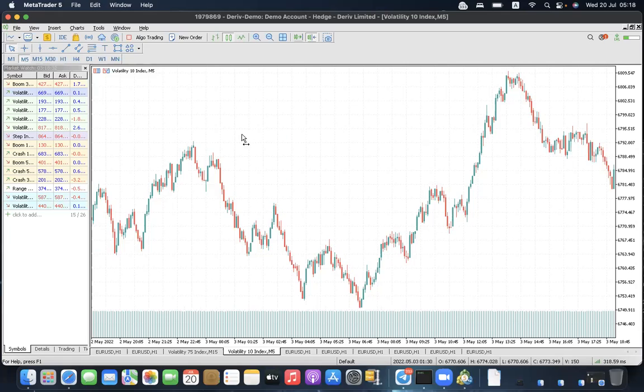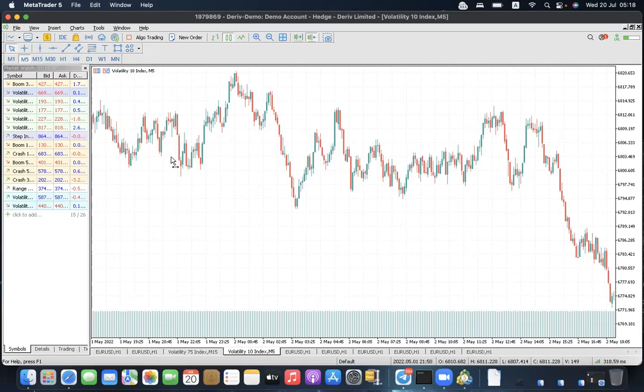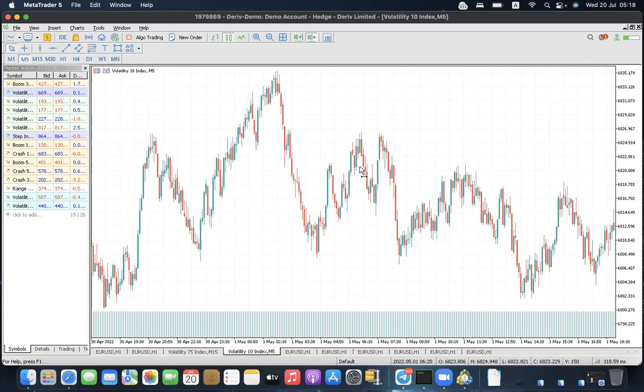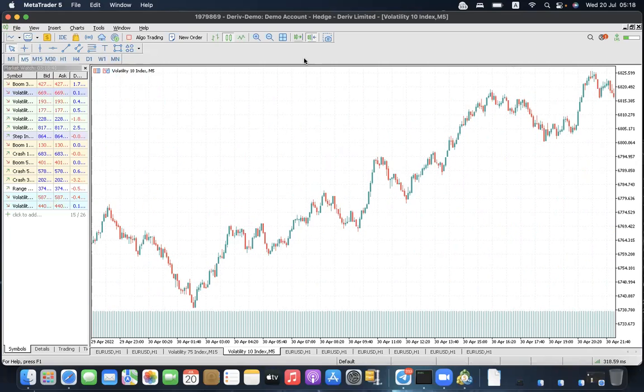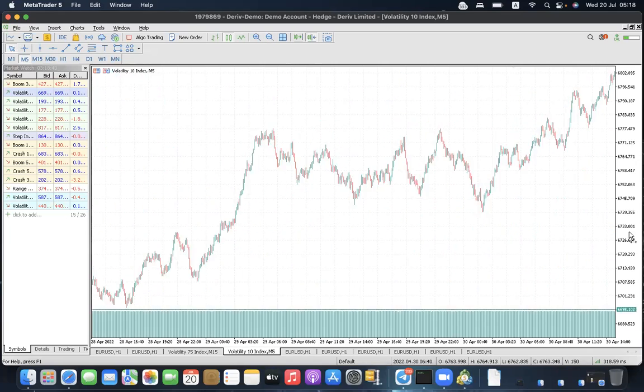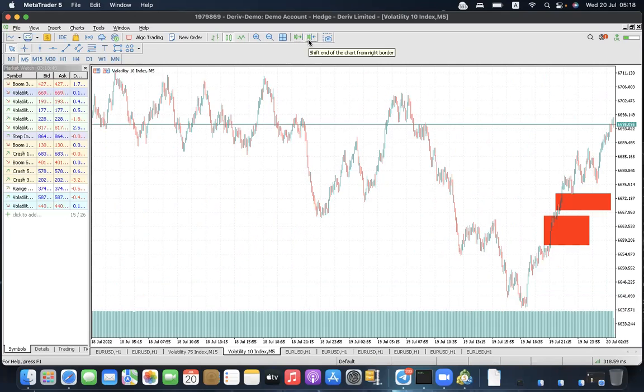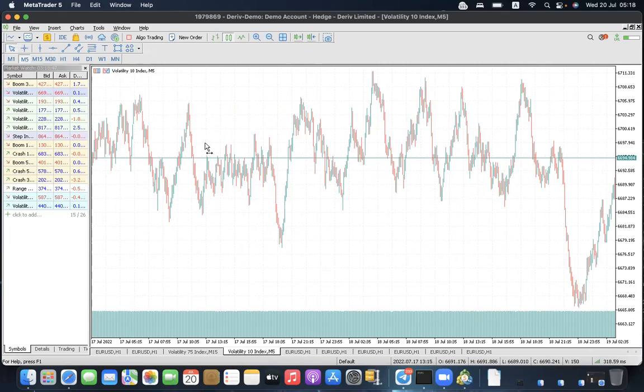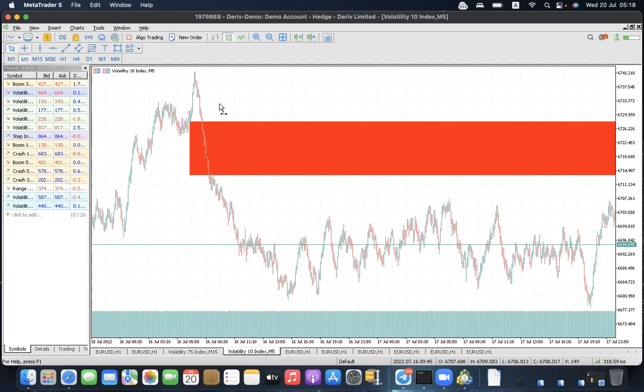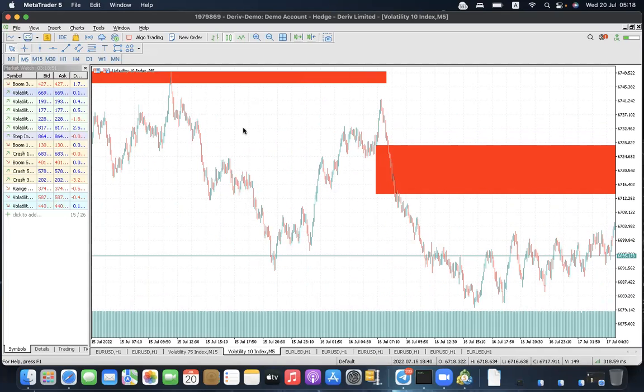Is there an imbalance that we can see here? Because these imbalances and gaps, they are witnessed in any time frame. Right. So let's go to M5 for that one and see if there was any imbalance.